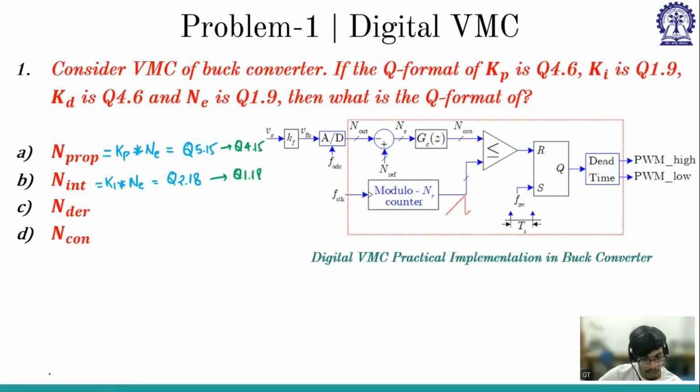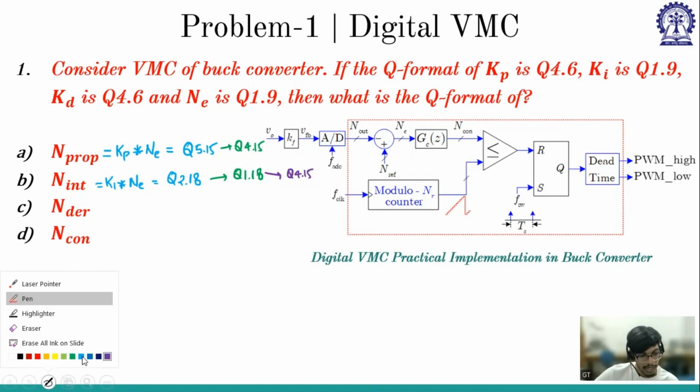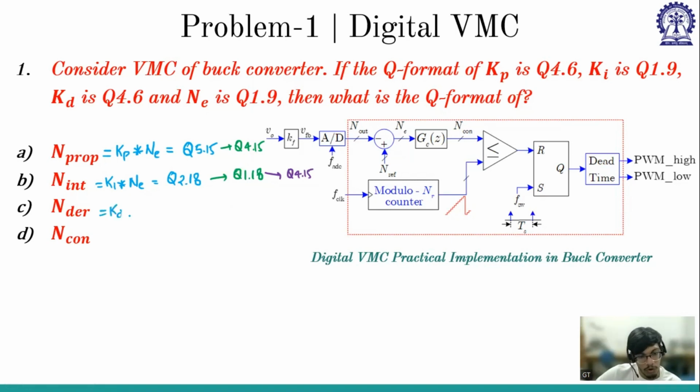And later, if we want to add, then so that the addition can happen, we change it to Q4.15. This is for our next operation, but when we ask the Q format, we'll say Q2.18. Now KD is similar to KP because the Q format is the same.